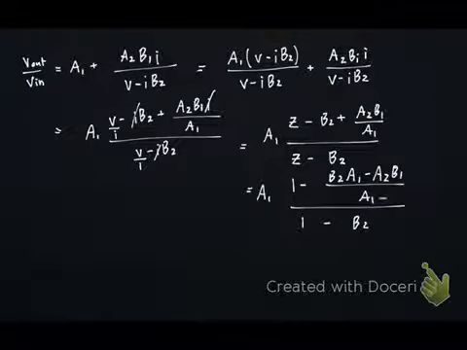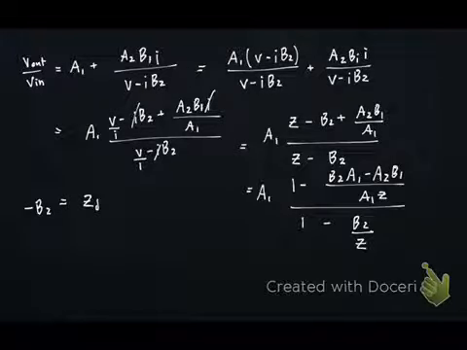Oh, and there's Z's here now. So all we need to prove is that negative B2 is nothing but the ZD, which is, if you remember, the impedance when the input is nulled.